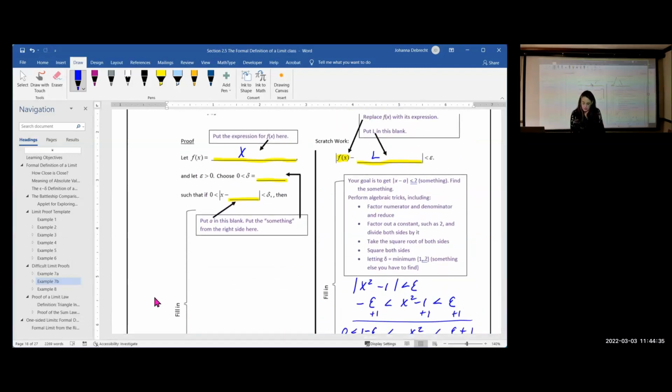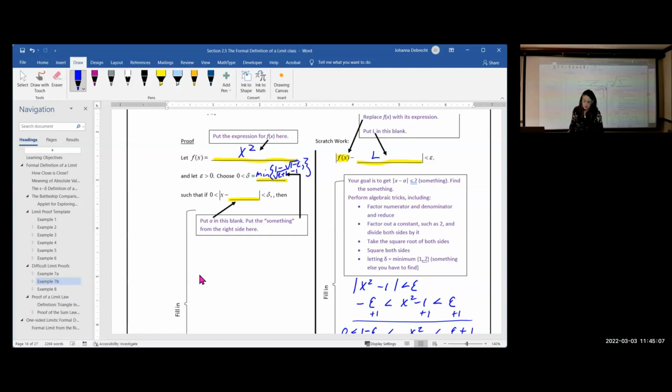Let f of x equal x squared and let epsilon be greater than 0. Choose delta greater than 0 to be the minimum of those two values, which were 1 minus the square root of 1 minus epsilon and the square root of epsilon plus 1 minus 1.